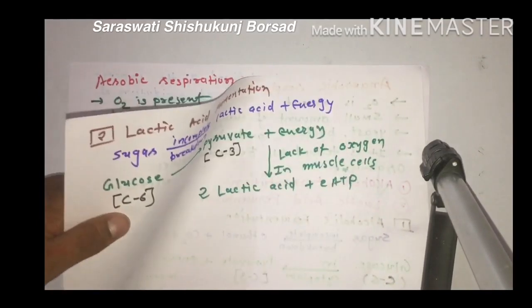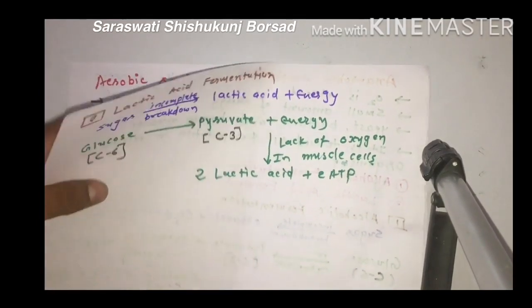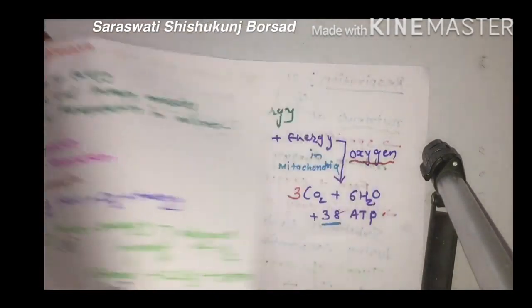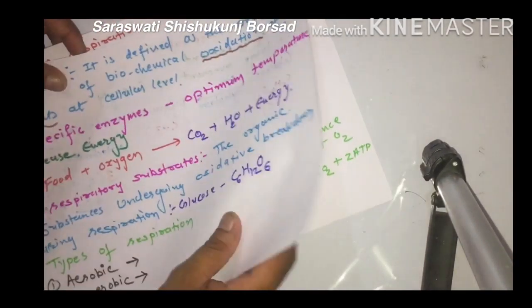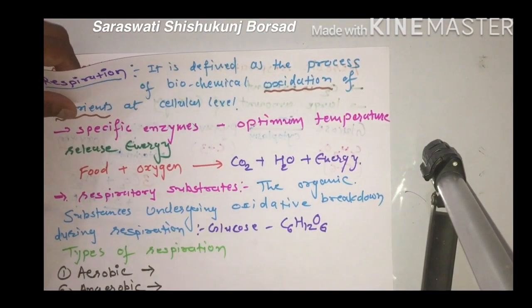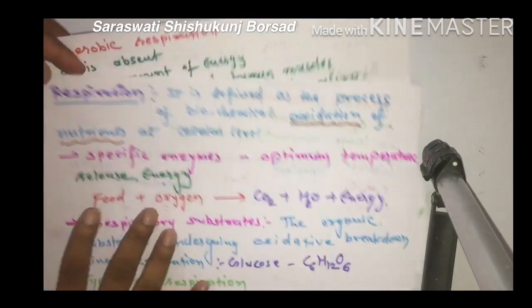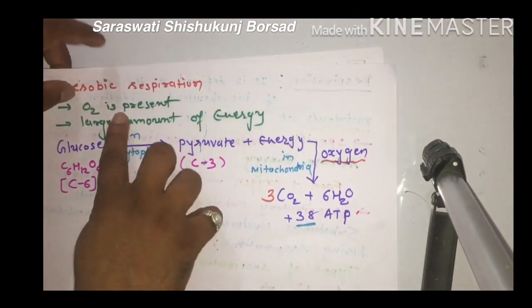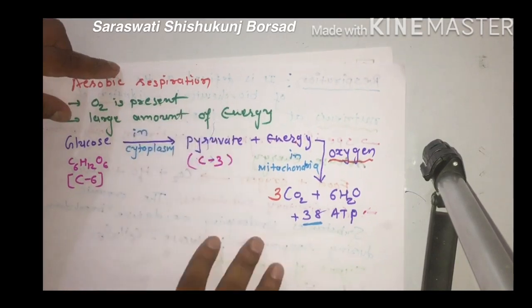Now again, let's revise it, and then we can go for the conclusion of aerobic and anaerobic. As we discussed, in respiration there are 2 types, aerobic and anaerobic. First we discussed aerobic respiration, which is done in the presence of oxygen, so a large amount of energy will be released.